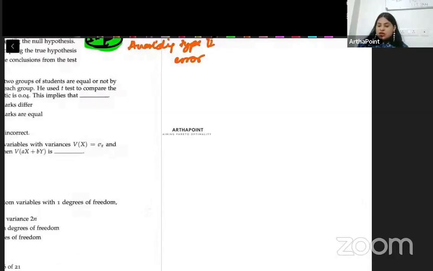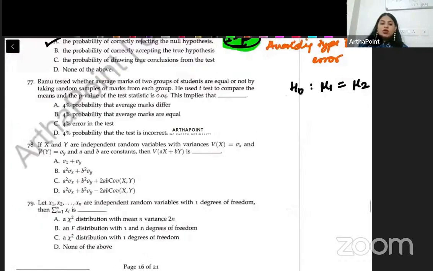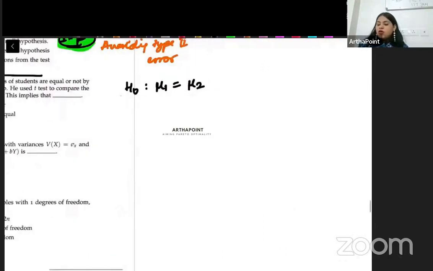The null hypothesis is that the mean of the 2 groups is equal. This is what you want to check: average marks are equal or not. The alternative hypothesis is that the average marks are not equal, right? And the p-value that you have is 0.04, right?